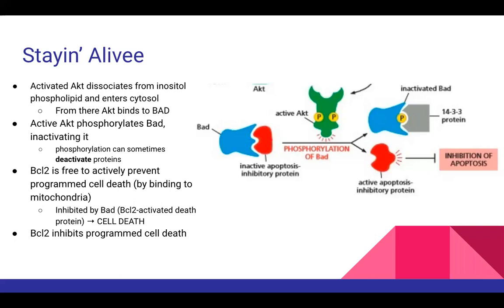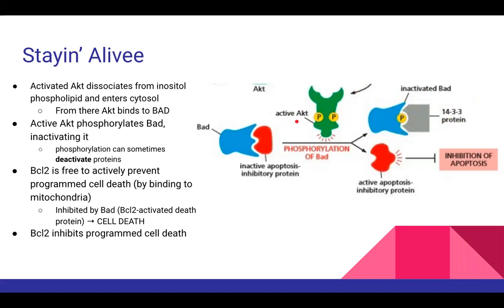And so what will happen is when AKT comes along and phosphorylates BAD, it causes BAD to become inactive. And the inactive form of BAD will actually bind to a different protein. You don't need to know this protein's name, but just know that when BAD is inactive, it no longer binds to BCL2.